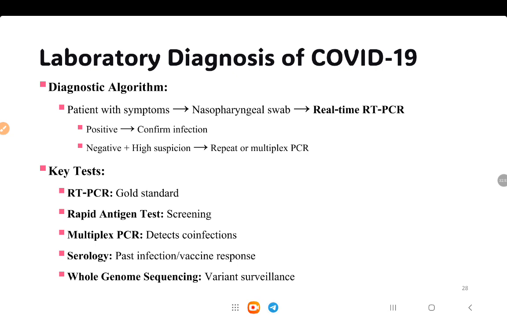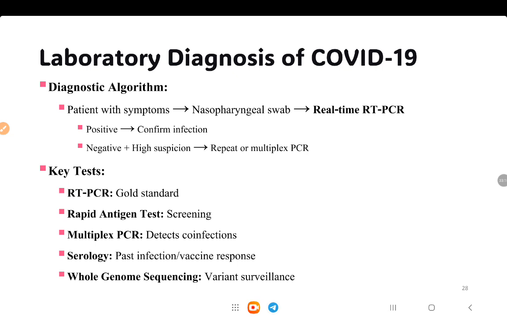The key tests include real-time PCR as the gold standard, rapid antigen test for screening of all contact patients, multiplex PCR for detecting co-infection, and serology for past infection or vaccine response. Whole genome sequencing is used for viral surveillance.